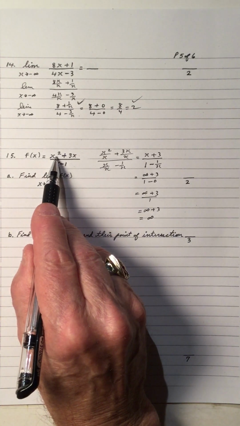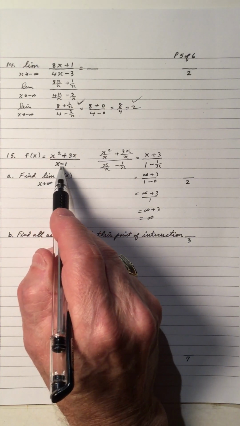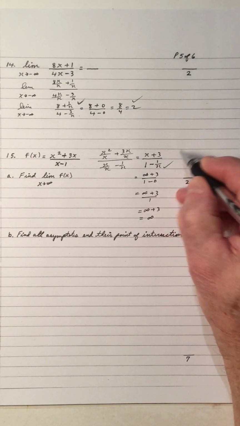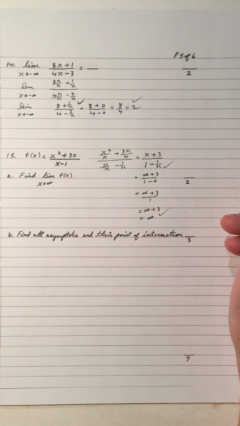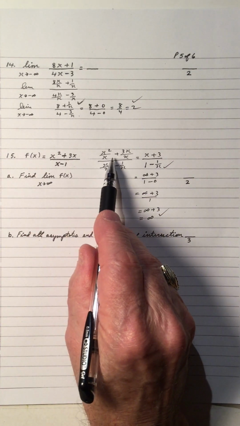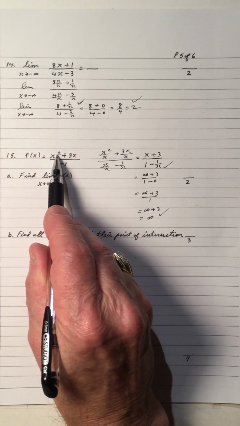As x gets larger and larger, the numerator gets larger, so it goes to infinity. If you have this structure here, give yourself 1. If you have infinity, give yourself 2. Again, you can see that it gets larger and larger, and it's positive also.